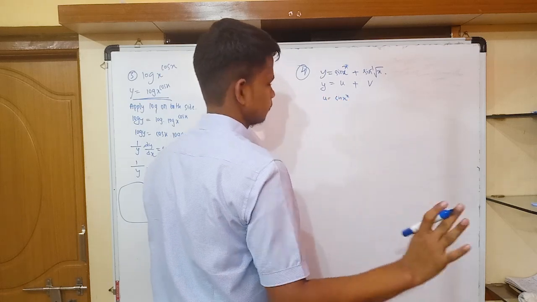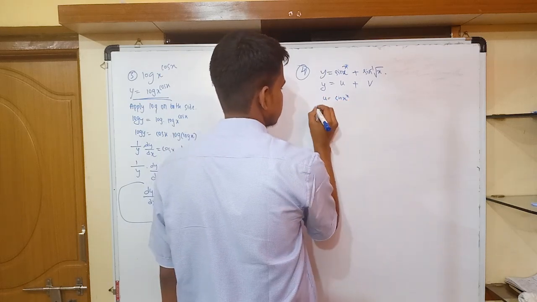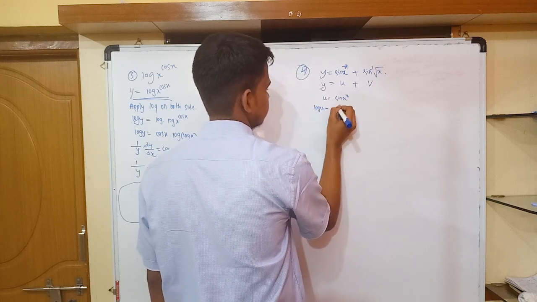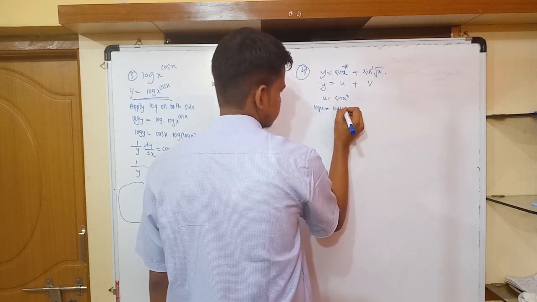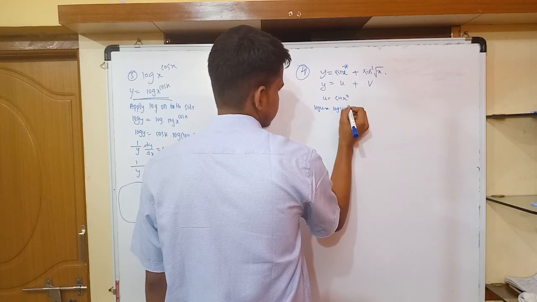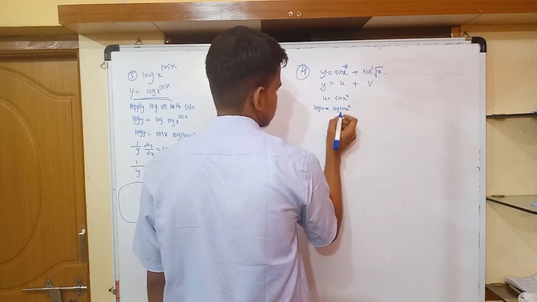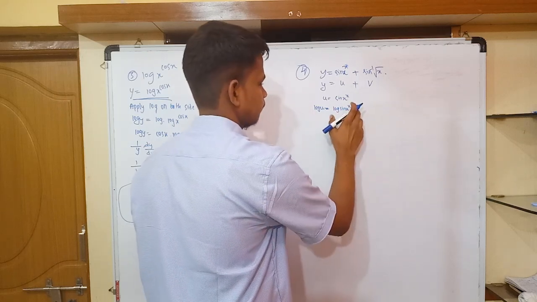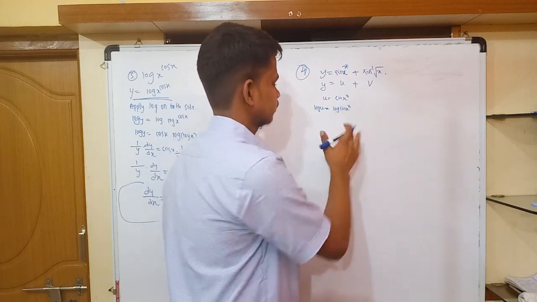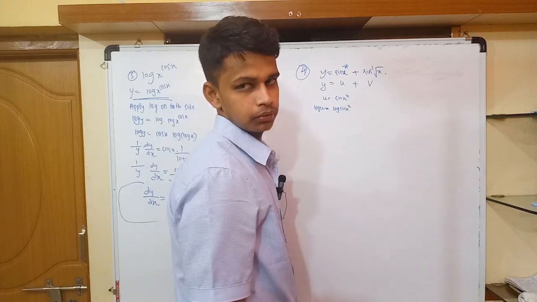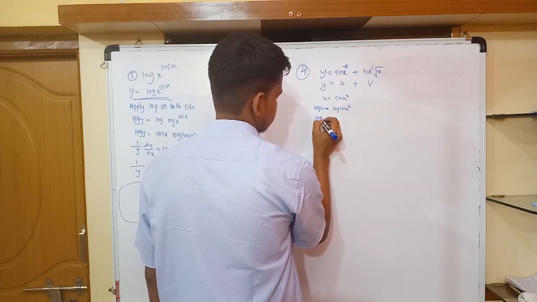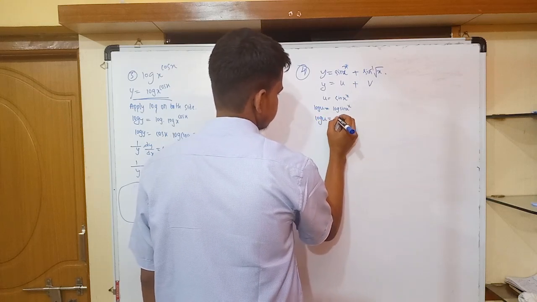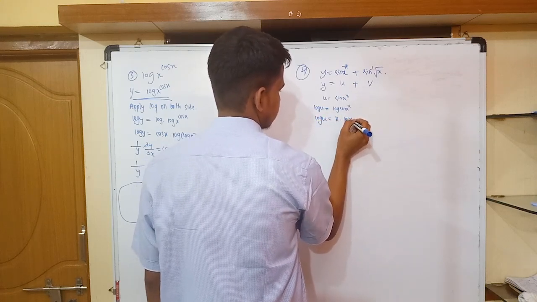You know already, apply log on both sides: log u equals log of sin x raised to x. You know that log m raised to n is n into log m, so log u equals x into log of sin x.